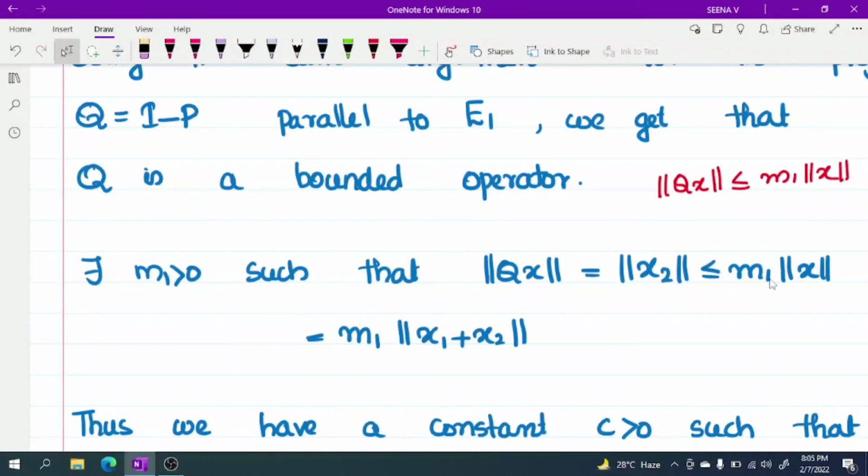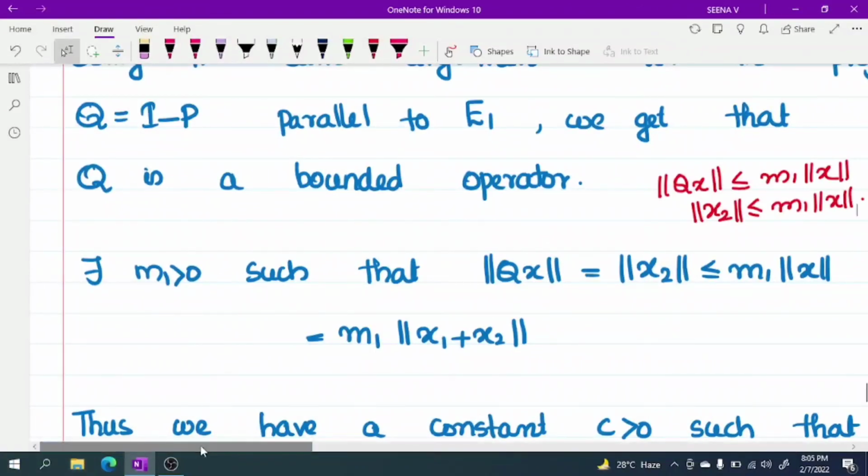But Q, that is I minus P applied to x, is actually x2. So this is norm of x2. You can refer to chapter 6 for the operator I minus P and more details about it.